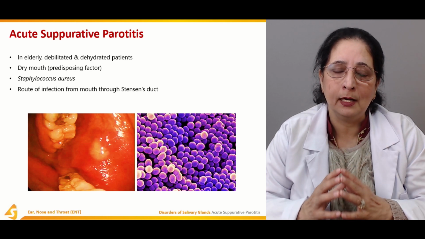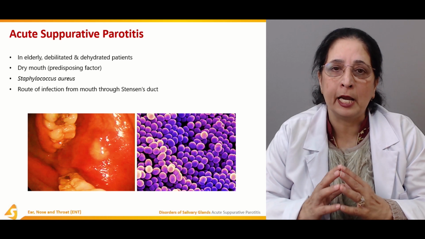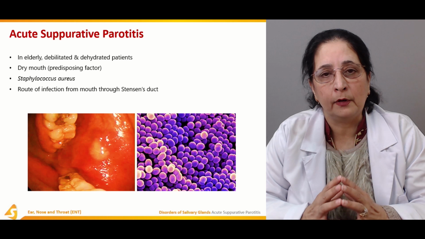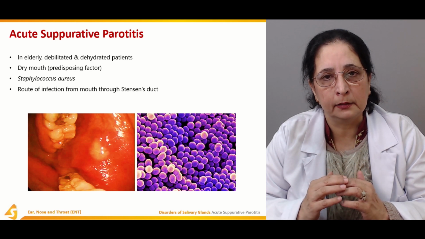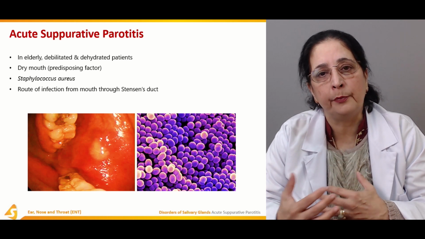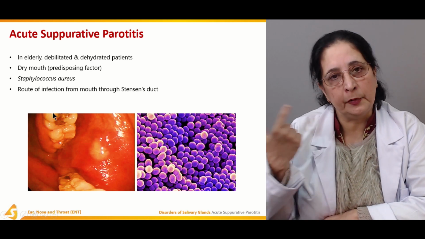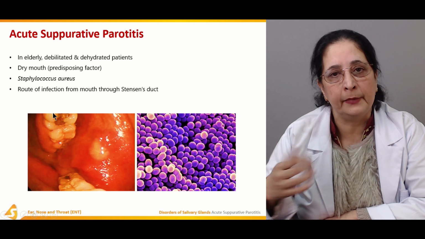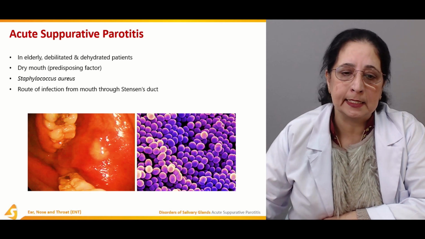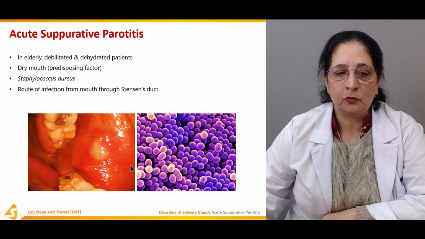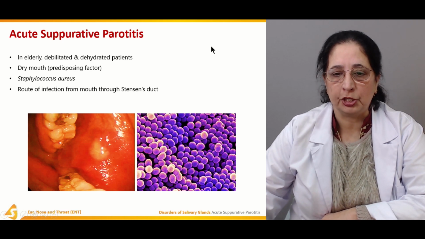So oral condition, oral hydration, and oral hygiene are very important for the prevention of acute suppurative parotitis, because the infection is going from the mouth through the Stenson duct. And here you can see the swelling and the suppuration.